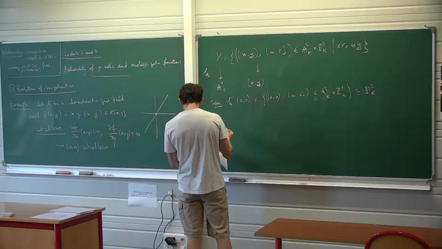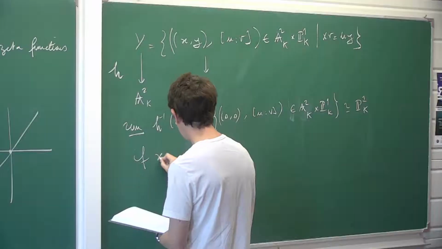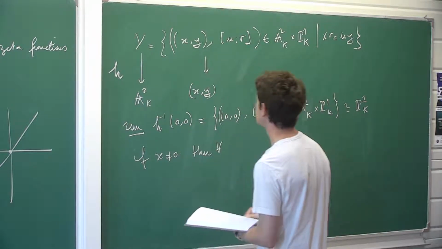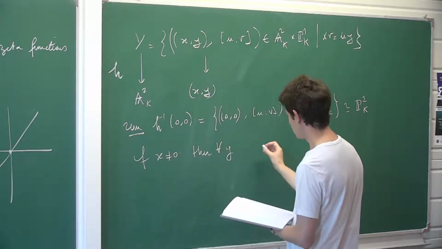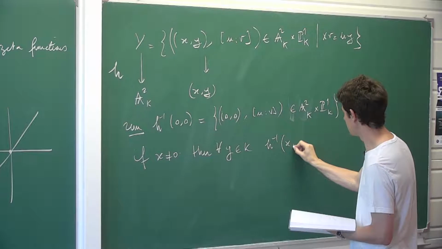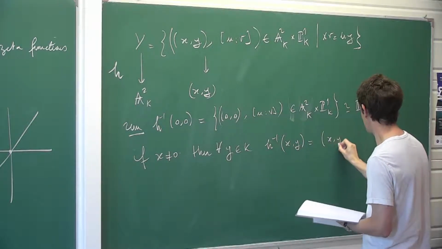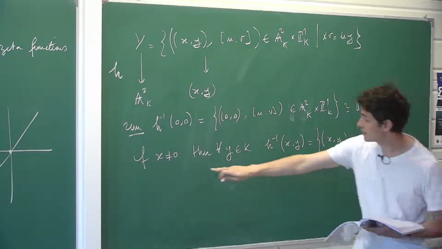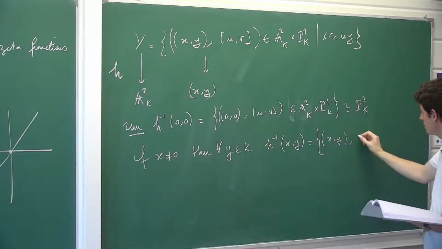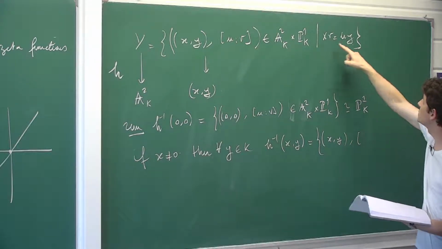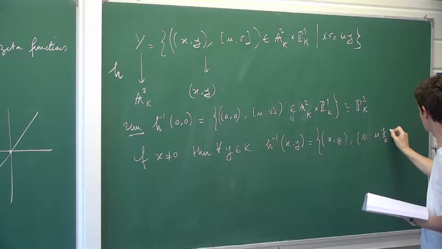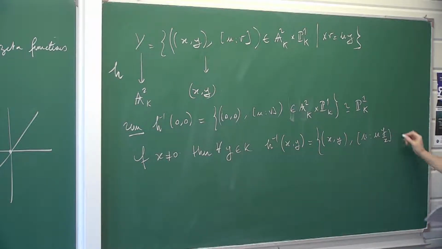Okay, and furthermore, if x is different from 0, then you observe that for any y in K, the inverse image of the point (x, y) is the point (x, y), and as x is non-zero, I can divide by x, and then I have an equation for v. So necessarily I will have v equal to uy divided by x. So this is just one point.